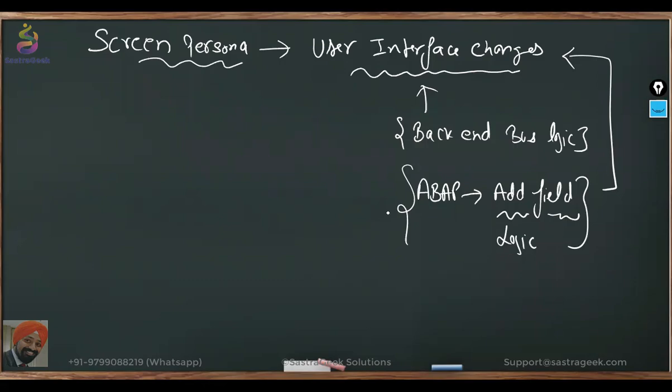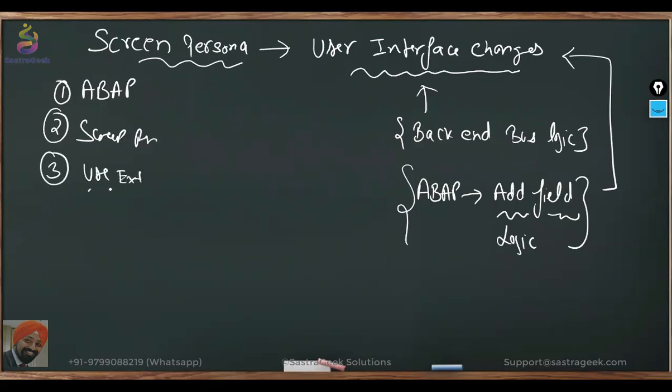It's always two steps. Whether you use ABAP, whether you use screen persona, whether you use user extensibility, it is always a two-step. In ABAP also, first you add the field, and then you would be adding it with the program.